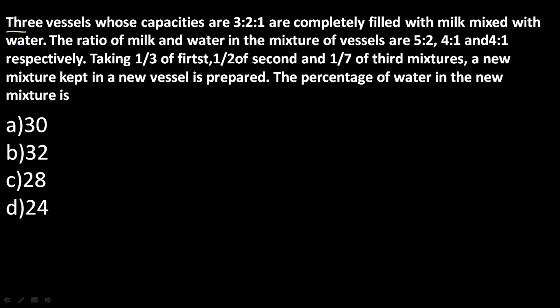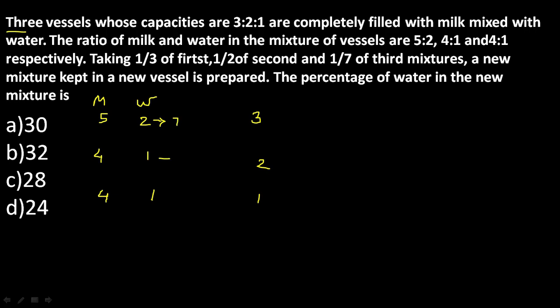Now we will see what they have given in this question. They have given three vessels with milk and water only. The first vessel is in the ratio of 5:2, next it is 4:1 and next it is 4:1. These three are mixed in the ratio 3:2:1.